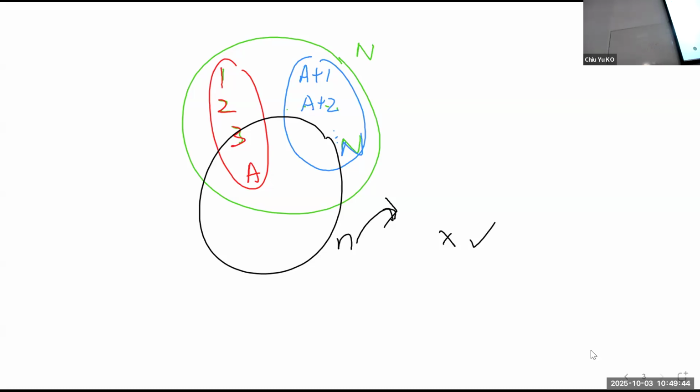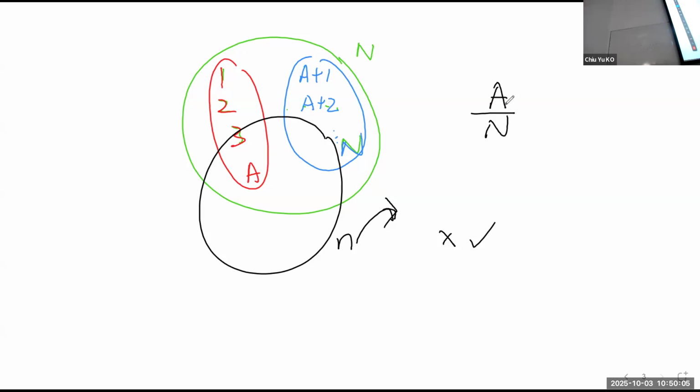If you draw only once, how likely you are to get a good thing is very simple: A over N. You don't put it back. How likely you get an object in the red?